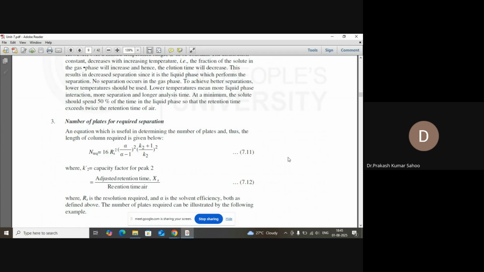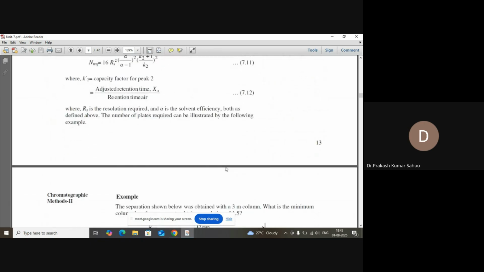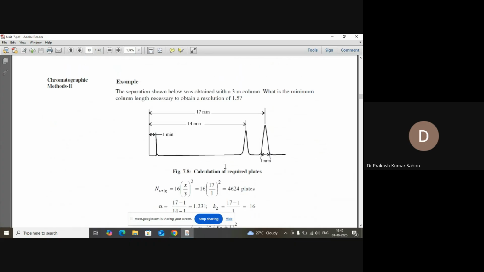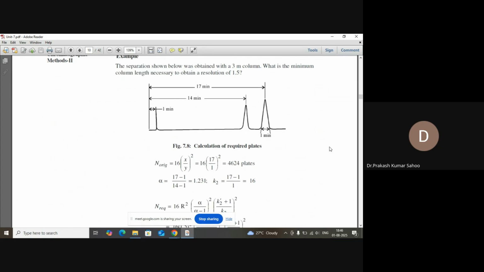The number of plates, that is N, is equal to 16 R squared, and so on. This is an example of how different components get separated after different time intervals. The separation shown below was obtained with a 3-meter column. We need the minimum column length necessary to obtain a resolution of 1.5.